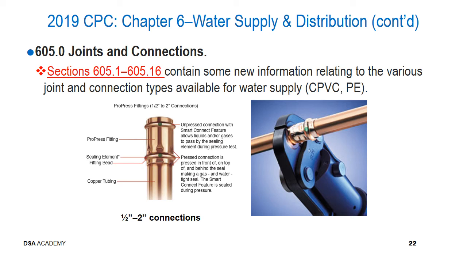However, it's very important to review all of these sections because they identify the specific nuances for all these different types of acceptable joints for water supply distribution. It's also important to understand that, as we stated previously, the approved plans and specifications dictate what is approved for use on any given project.